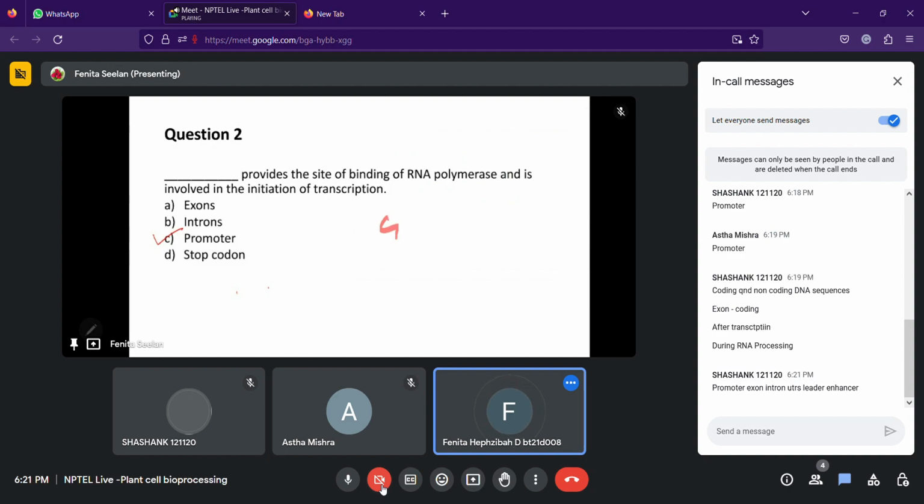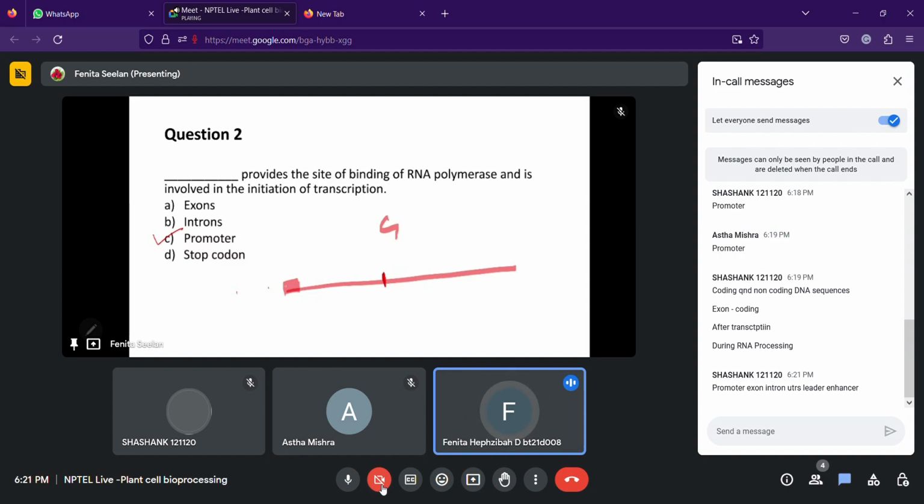So let's consider this as your gene construct. For example, your promoter will be there. What else will be there?